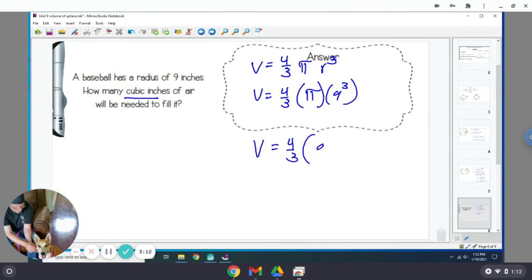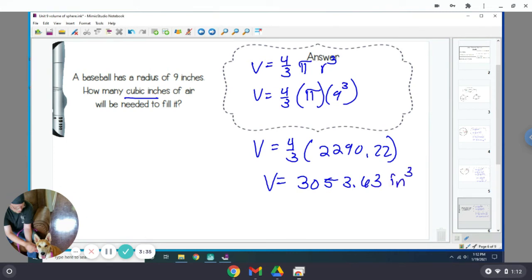And you get 2,290.22. And I'm going to multiply that by 4/3. And you get 3,053.63 inches cubed.